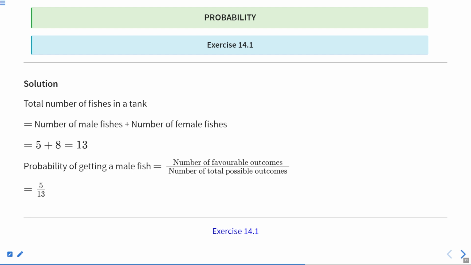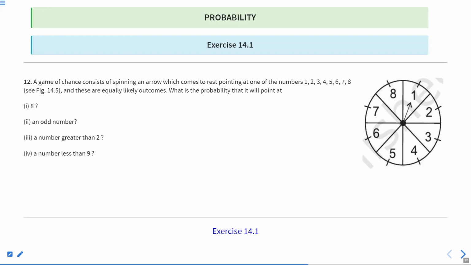Here the number of favorable outcomes of getting a male fish is 5, and the number of total possible outcomes is 13. So the probability of getting a male fish is equal to 5 by 13. Now let us see question number 12.